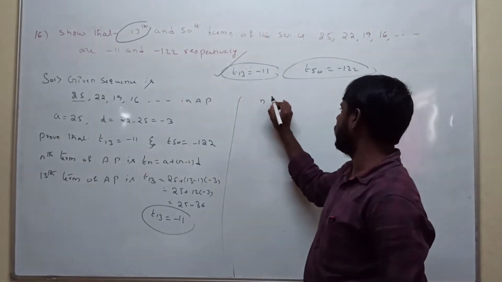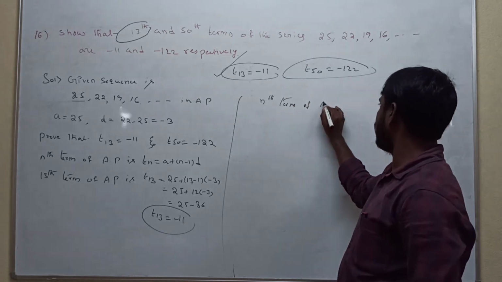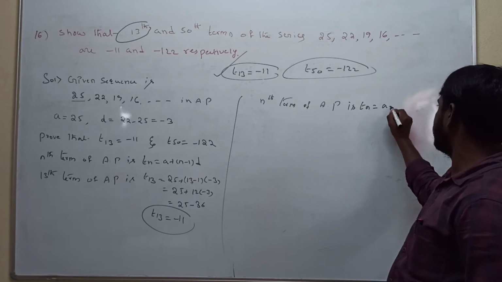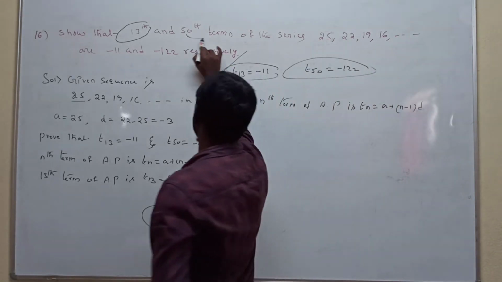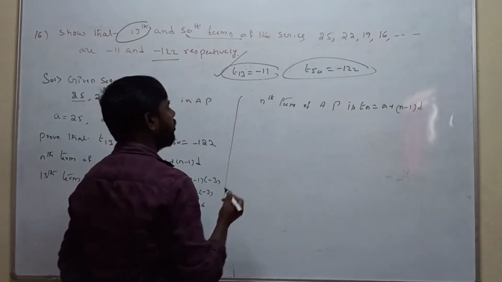Next we have to prove the 15th term. The formula we apply is the nth term of an arithmetic progression: Tn is equal to a plus n minus 1 into d. To prove that the 15th term is minus 122, n is replaced by 15.